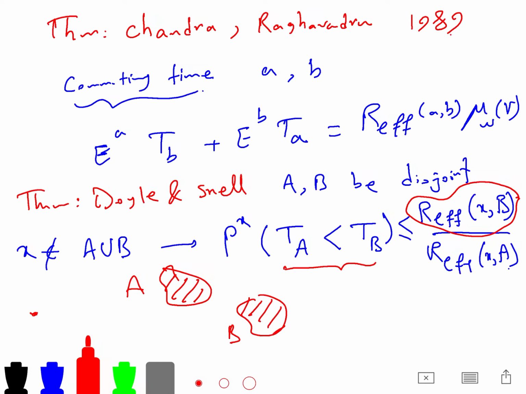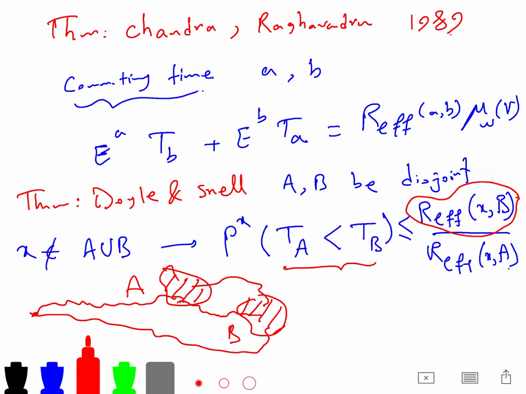It says that if you start from x, which is not in A union B, the probability to hit A, and after that it may hit B, that to hit A is less than to hit B. So there are some events, and sometimes it is the opposite version.